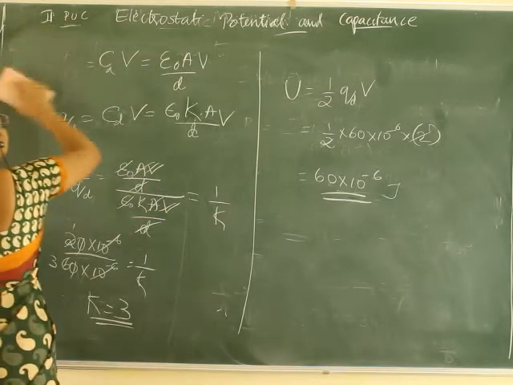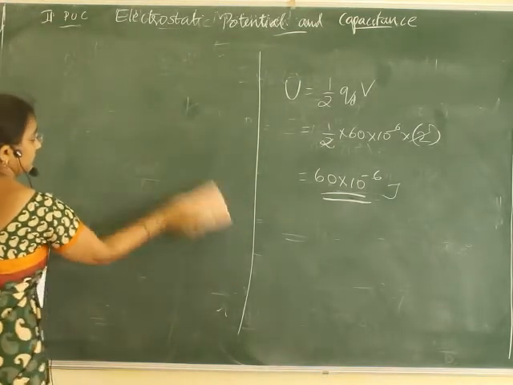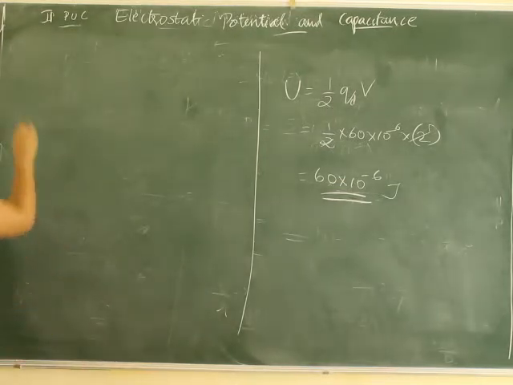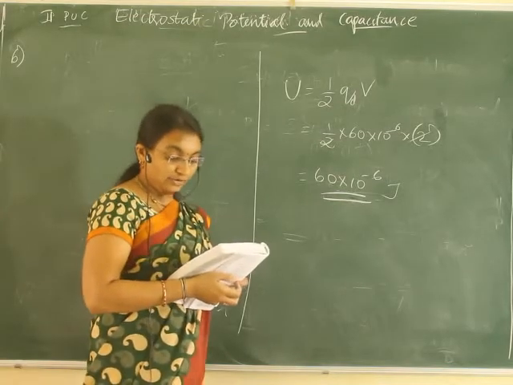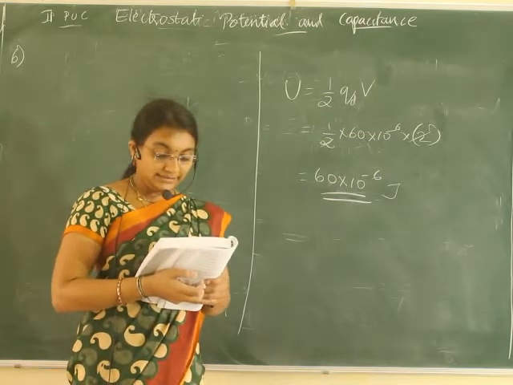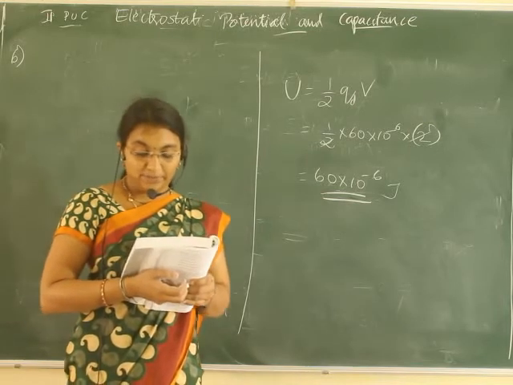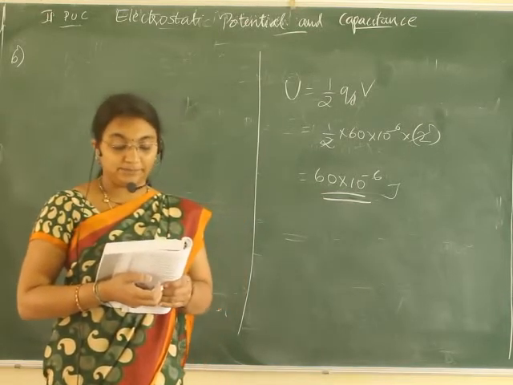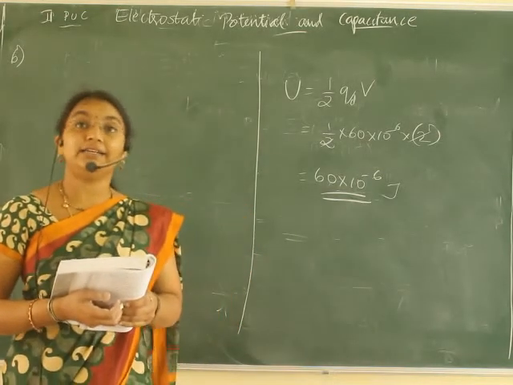Question number 6. A parallel plate air capacitor consists of two plates, each of area 0.01 square meter, separated by a distance of 0.1 millimeter. It is charged to a potential of 50 volt. Calculate its capacitance, charge on it, and energy stored.